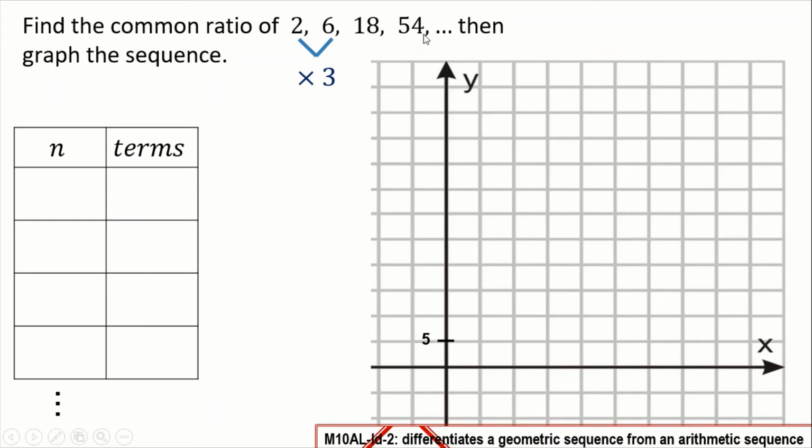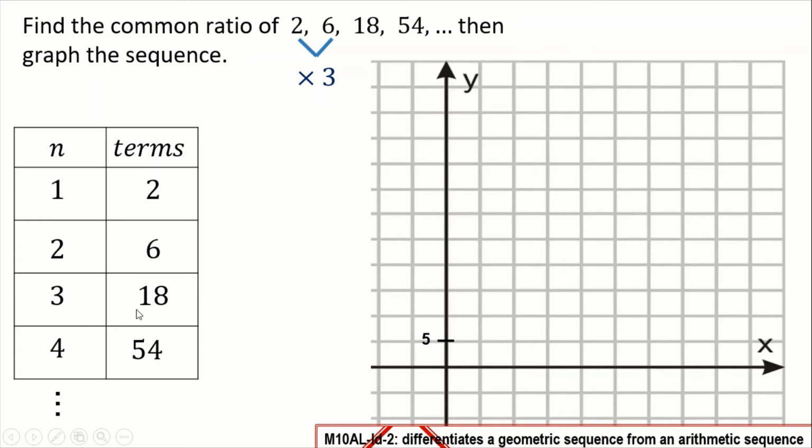Okay? Now, para makita natin ang graph, katulad ng ginawa natin kanina, ang n natin dito would be the set of positive integers. So, 1, 2, 3, 4. Itong n na rin to would also represent the position of the terms.